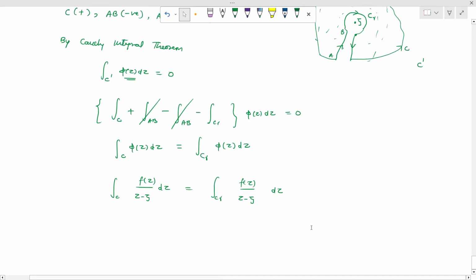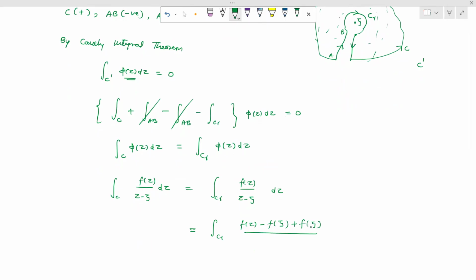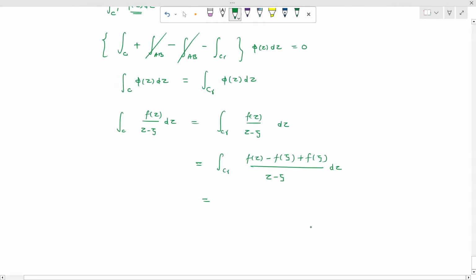Now for the curve C_r, this can be written as f(z) minus f(zeta) plus f(zeta), zeta added and subtracted, upon z minus zeta into dz. So this equals integral C_r of (f(z) minus f(zeta)) upon (z minus zeta) dz plus integral C_r of f(zeta) upon (z minus zeta) dz.